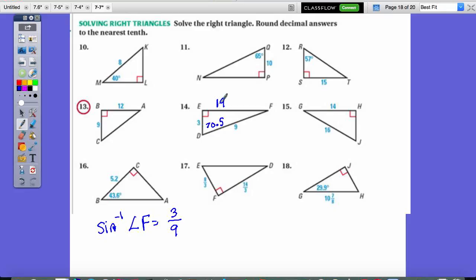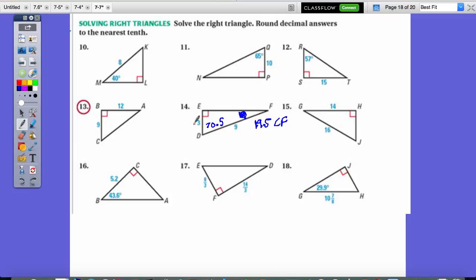So 19.5. Write that here. That is angle F.